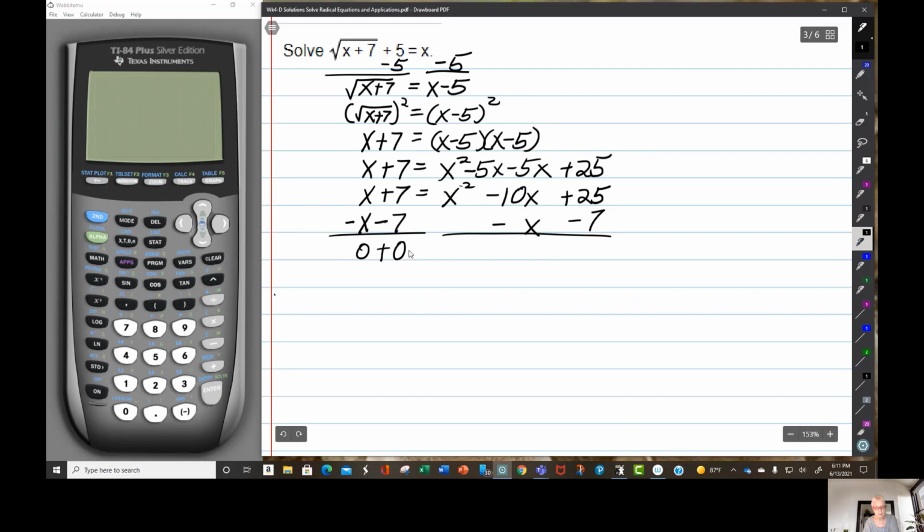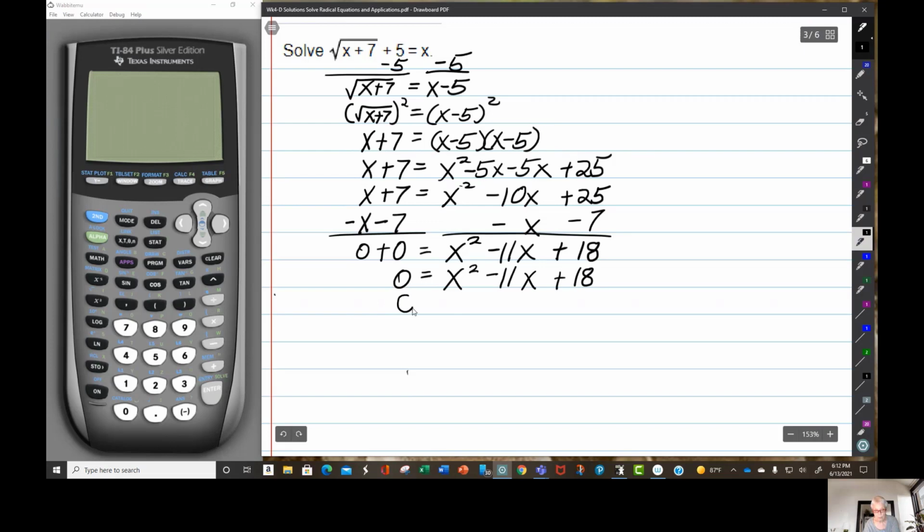Over here we'll have x squared minus 11x plus 18. So 0 equals x squared minus 11x plus 18.